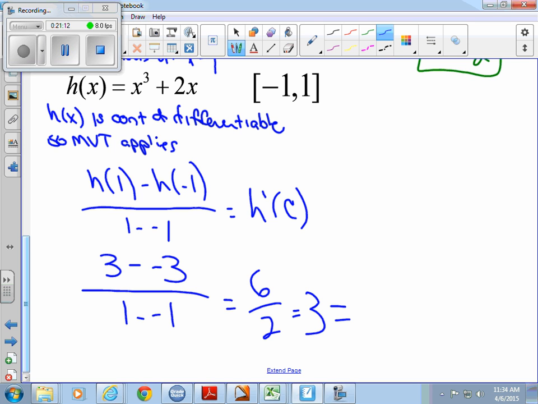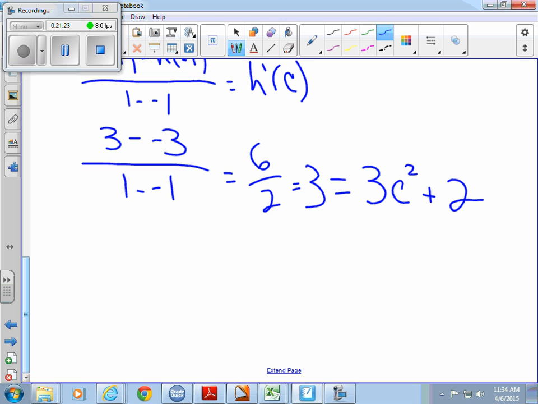What is h prime? I'm going to call it 3c squared plus 2. Doesn't really matter how you do that, but if I call it h prime, and so I would get 1 equals 3c squared, subtracting the 2 over. So 1/3 equals c squared.